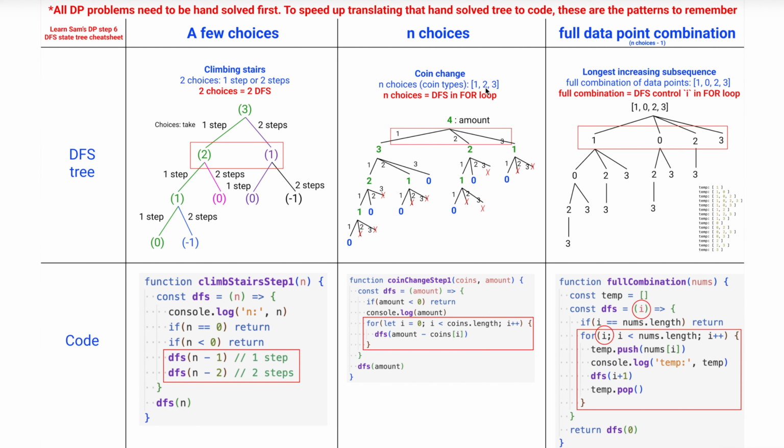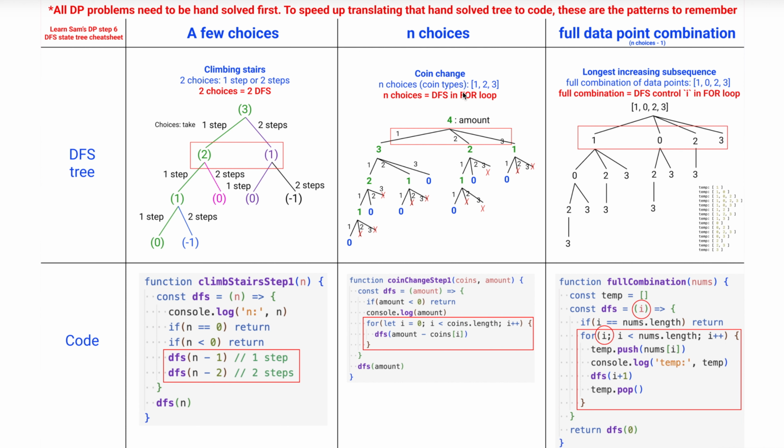It is not fixed like the few choices that we have here, where we only have 2. These n choices can vary by the input of the problem. So with this type of problem, the state tree is going to look like this. At each state, we have n choices by the problem statement. For example, the red rectangle here or here.